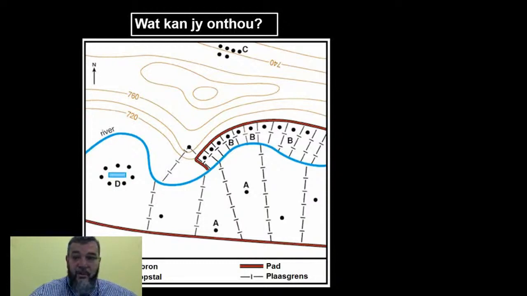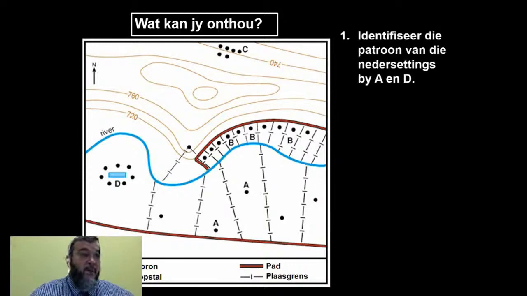Okay? Plaasgrense. These are the boundaries of the farms. So this is one farm. There's another farm. There's another farm. Are you with me? So I have now, and then here's a source of water also at D. A water source, waterbron, or water source. Now, this is what is happening before I start answering questions.